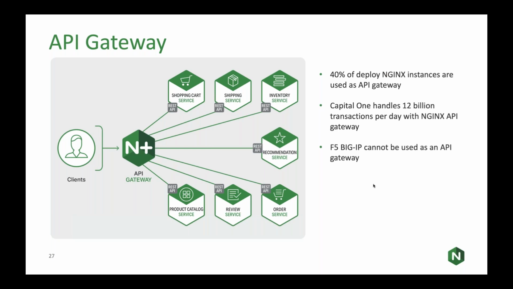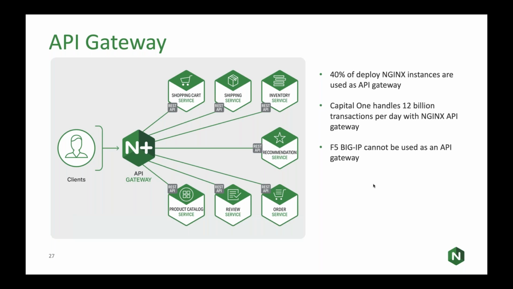As an example, we have one of our customers in the US, Capital One, who's handling 12 billion transactions per day with NGINX as an API gateway. So a lot of traffic going through, and again, a lot of cost savings that they get from not only being able to use NGINX as an API gateway, but also use all those load balancing functions within that API gateway function within the network.